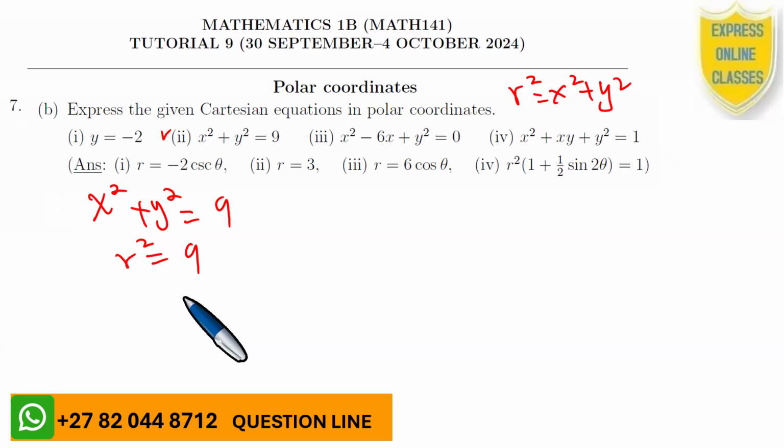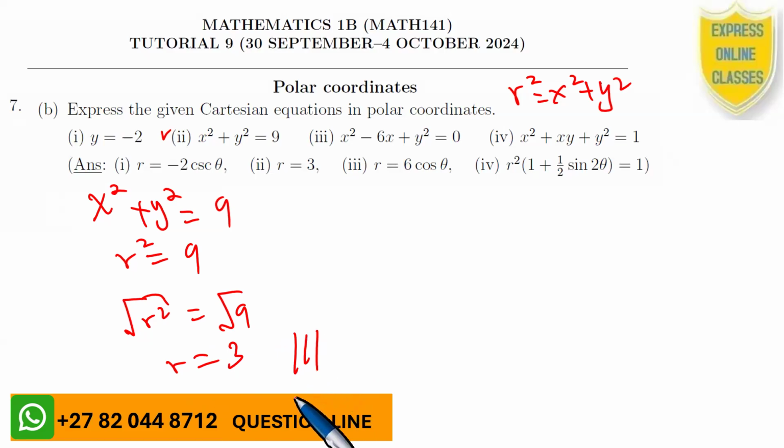Okay, so if r squared is equal to 9, then we take the square root, and therefore r is 3.